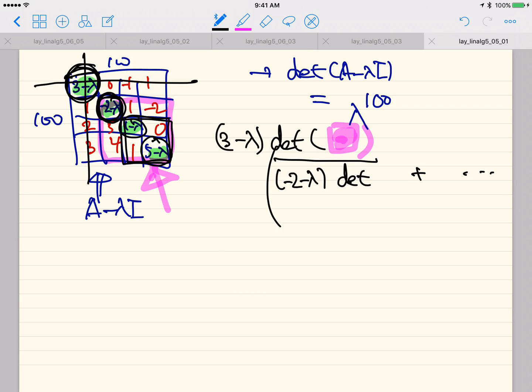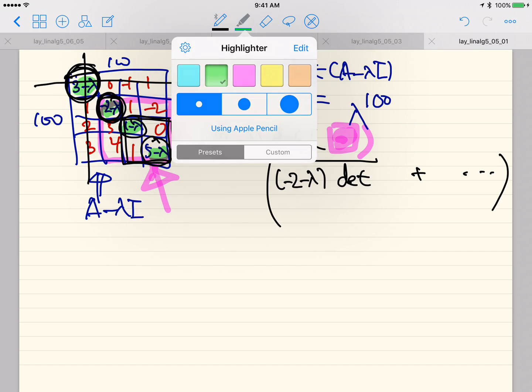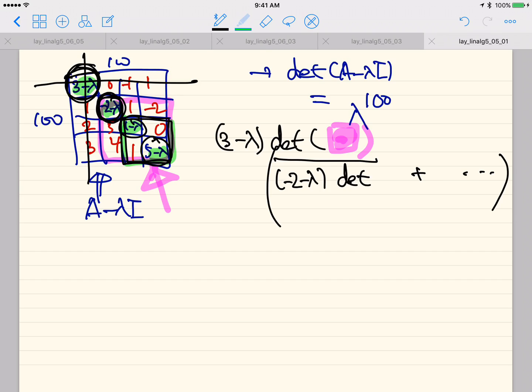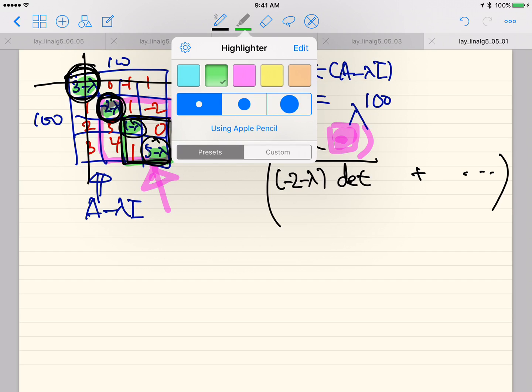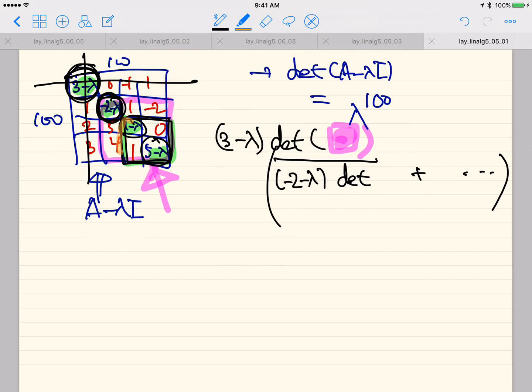although we have some other terms, but let's see. This one is this part.